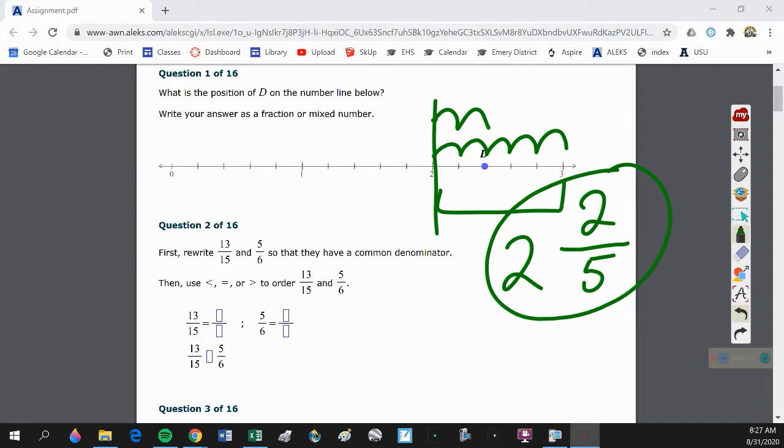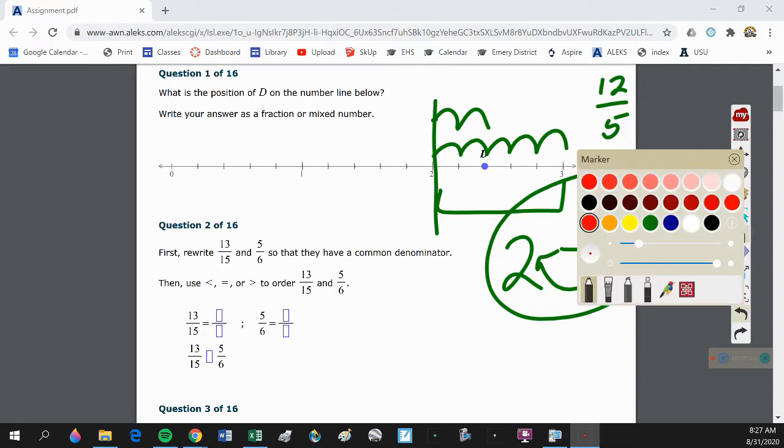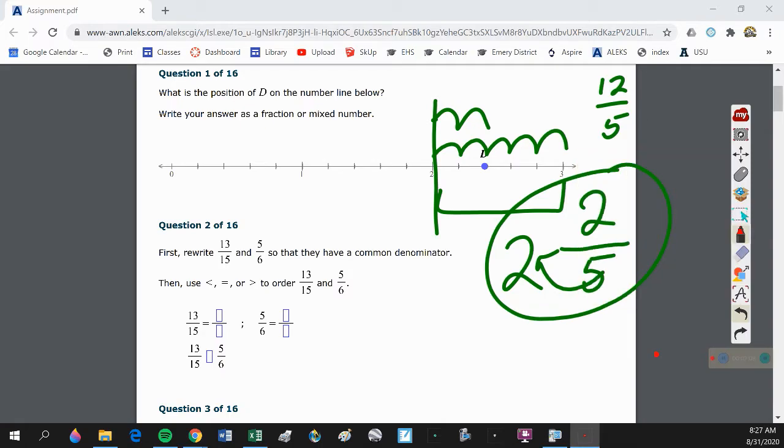So he said 5 times 2 is 10, plus 2 is 12. Why does that work? Okay, good. So how many fifths are there right there? 5. How many fifths are there right there? 5.